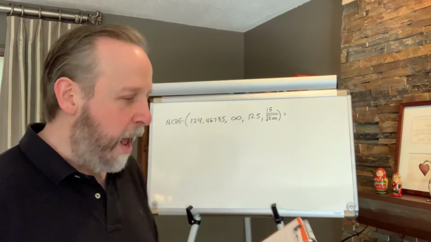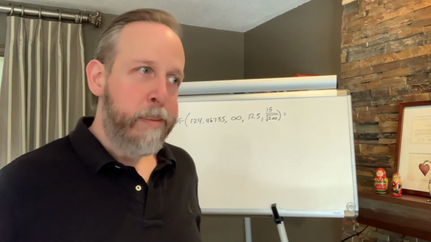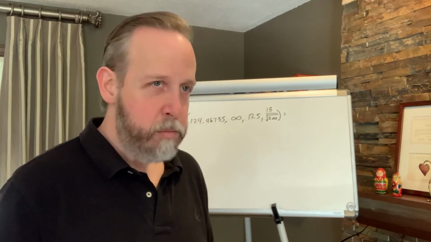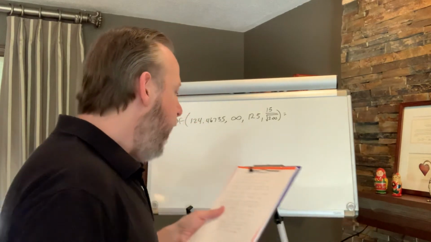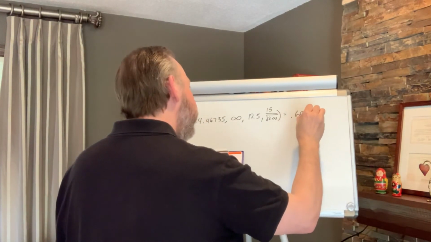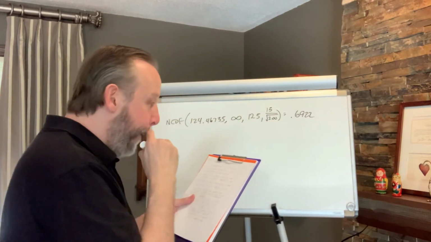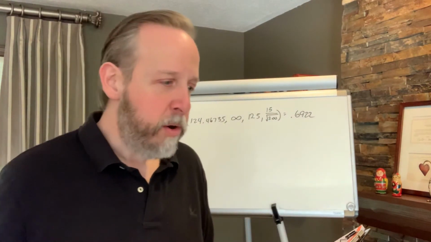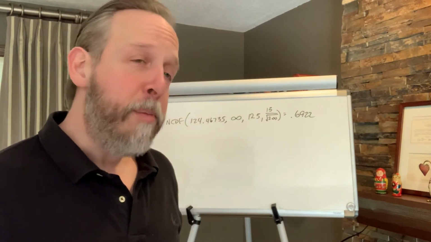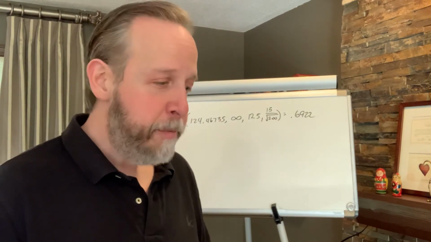It just asked what happens with a larger sample. So will the probability be higher or lower with a larger sample? Just plug in a bigger number. If I try 200 people, I get 0.6922. Well, that's higher than it was before. It's about 5.5% higher than it was before. My probability has gone up.